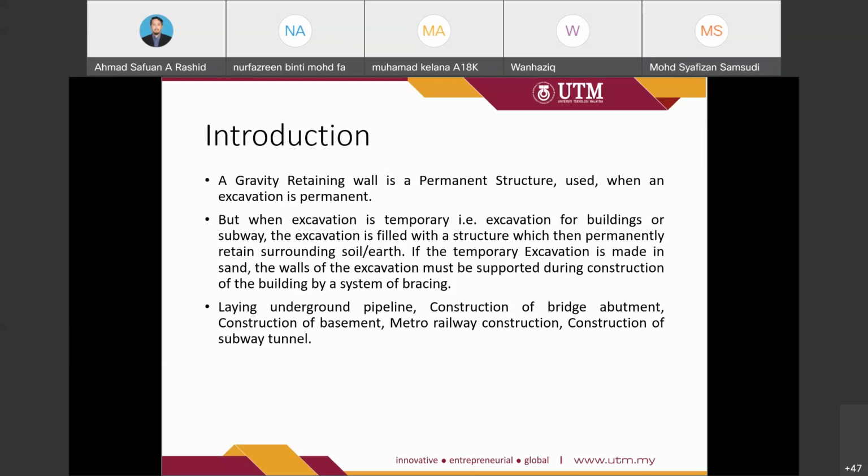So these are the structures that commonly use the braced cut system.